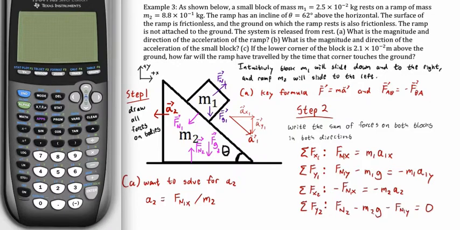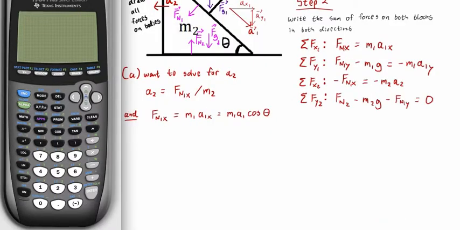This is going to lead to a series of algebra substitutions and simplifications, which I'll jump through, but still show you the key steps. The first thing in solving A2, we want to look at this unknown value, the normal force acting on object 1, and we can look at the sum of forces on object 1 in X to see that the normal force in the X direction is just equal to mass 1 times the acceleration in X. That's what I've written here.